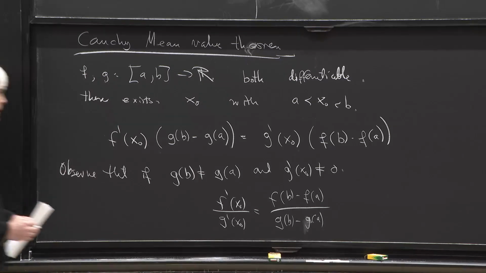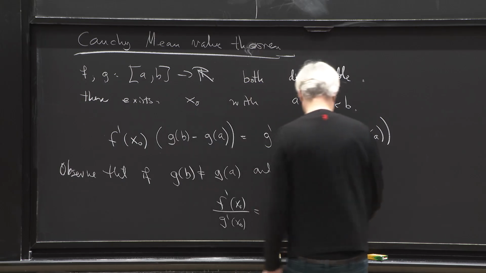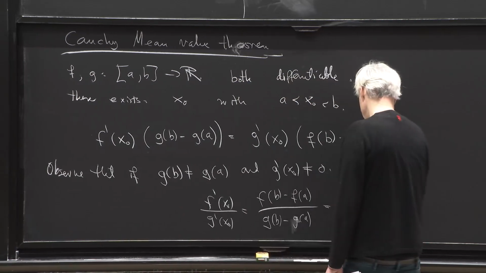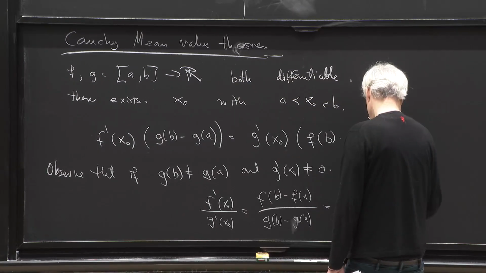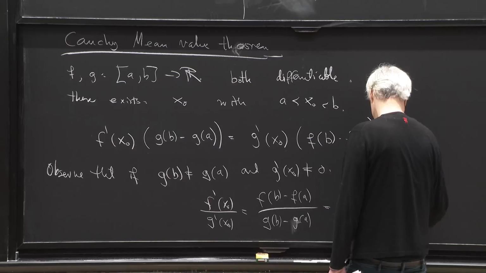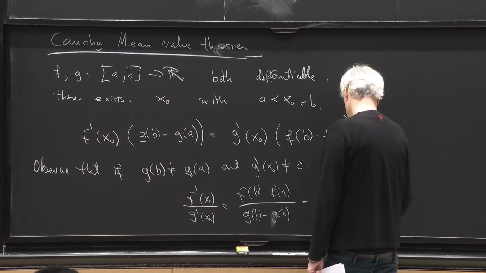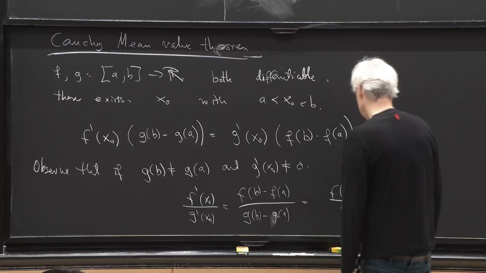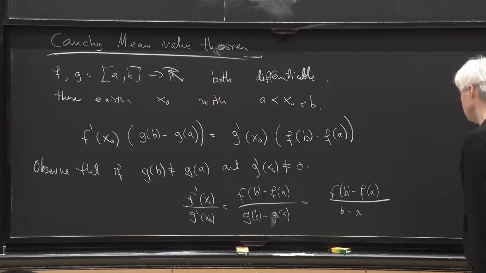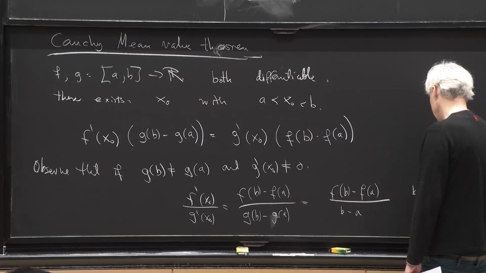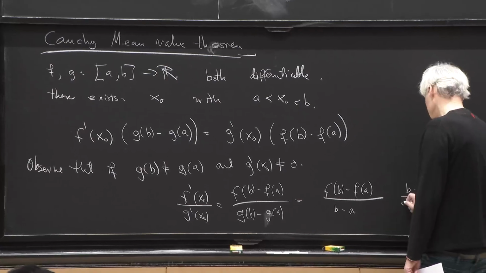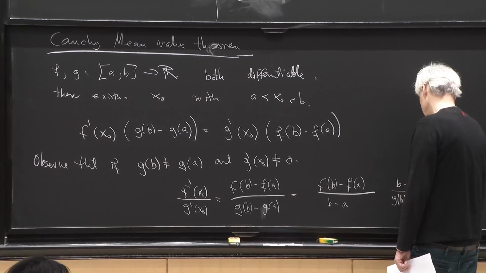Now, I could think about this thing here as f of b minus f of a divided by b minus a, and then times b minus a is g of b minus g of a.